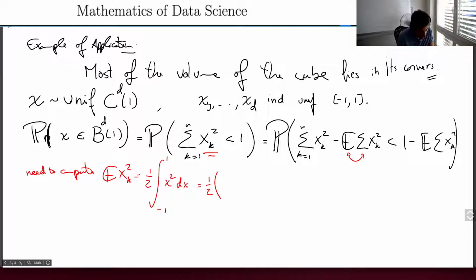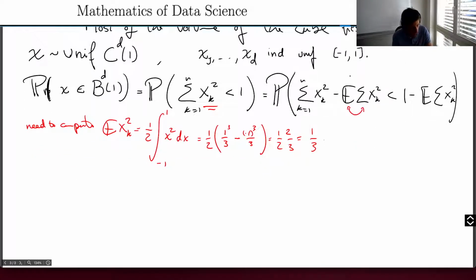The antiderivative of this is x cubed over 3. So I get 1 cubed over 3 minus (minus 1) cubed over 3, which is 2/3, times 1/2. It's just 1/3. Okay, so the expected value is 1/3.